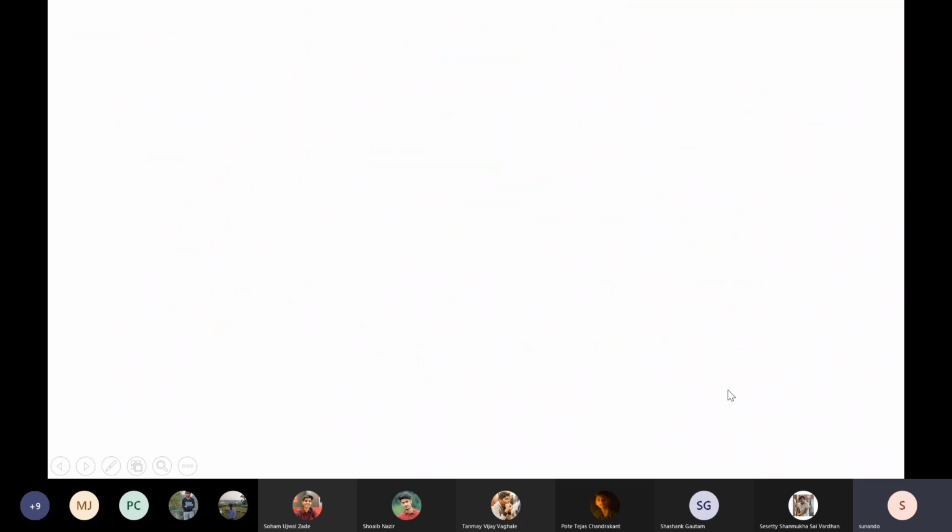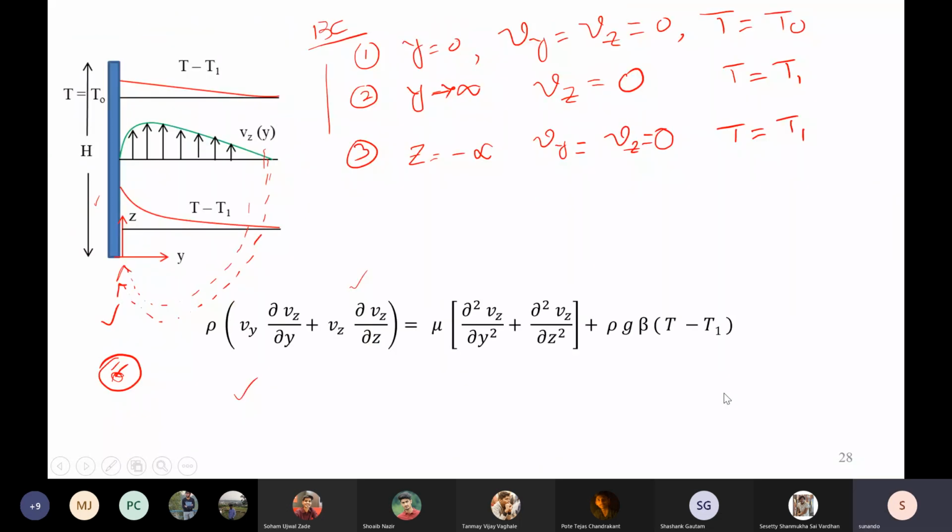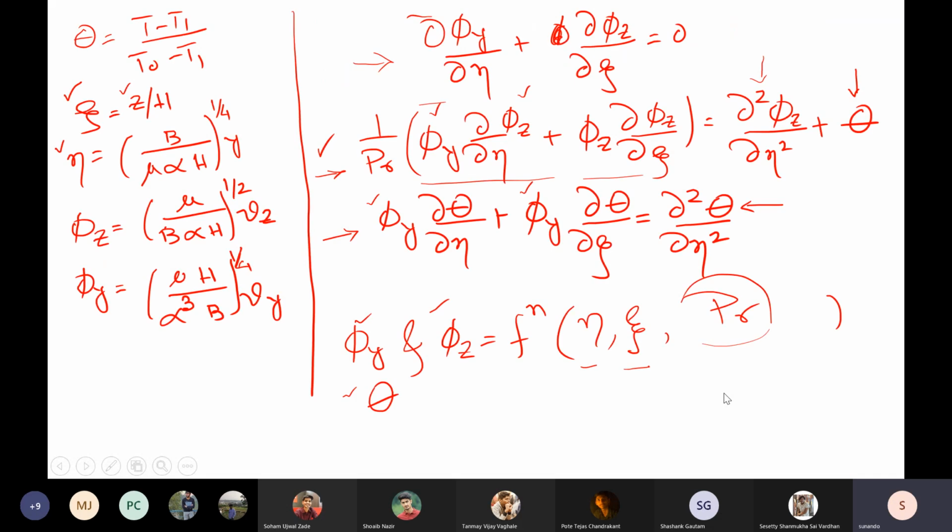I go back to this. I emphasize that Prandtl number essentially is related to convective transport of momentum. We realize that in the natural convective heat transfer process, the flow is small.